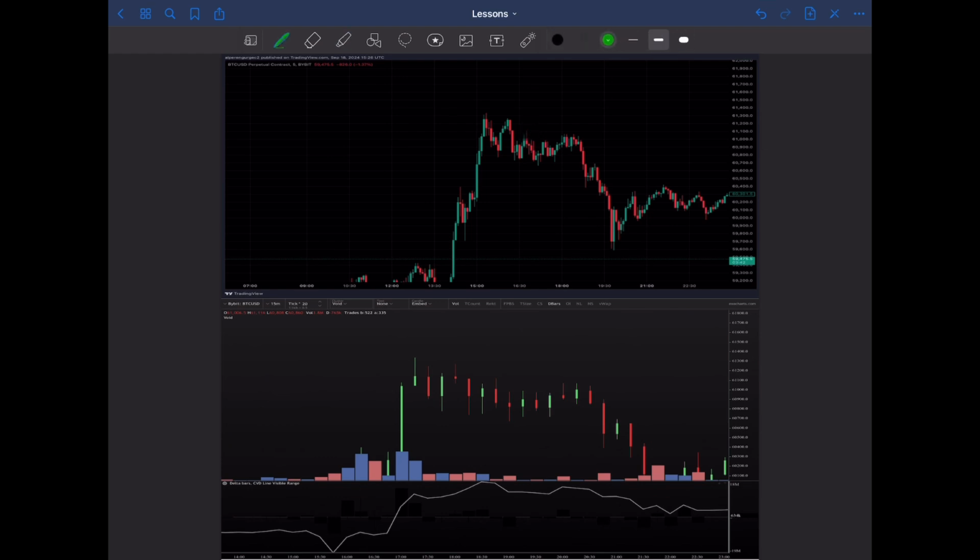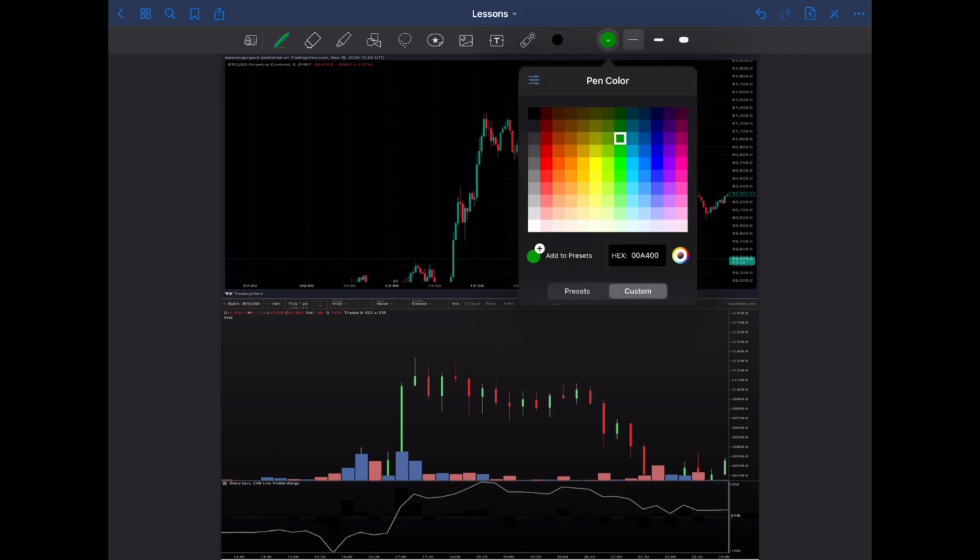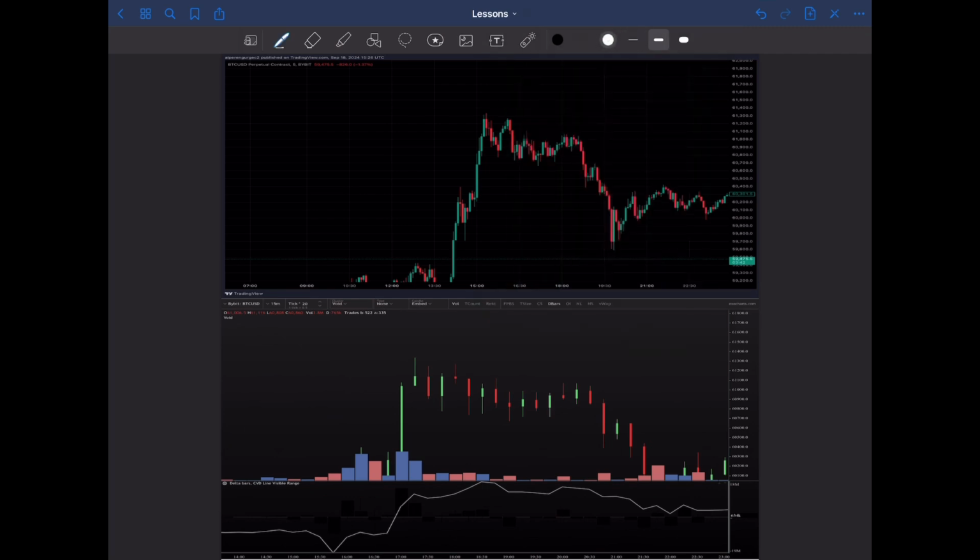No, I'll do this with this one then. I need white. Yes. So as we can see here, the price went down compared to here. But on the cumulative volume delta, the line went up, even though the real price went down. What this means is, if the chart below is the market order price, someone has to be holding the price down.